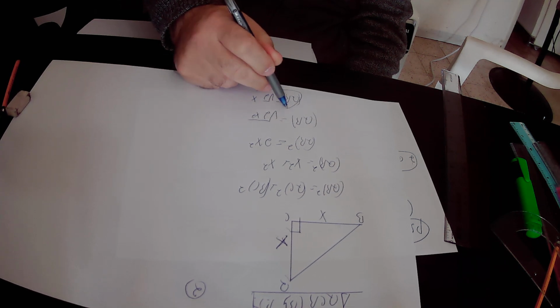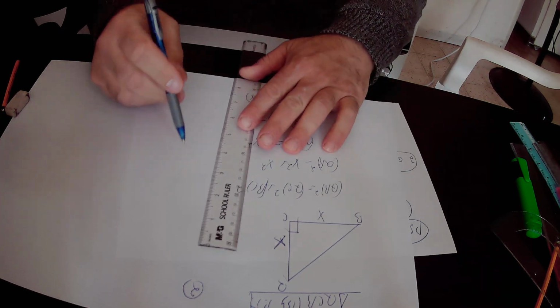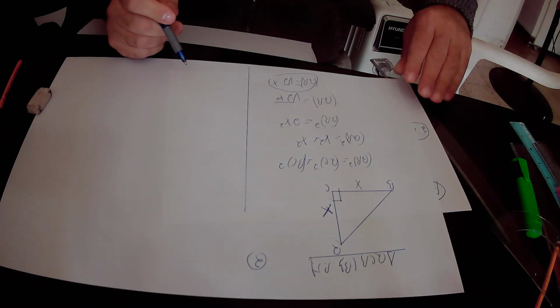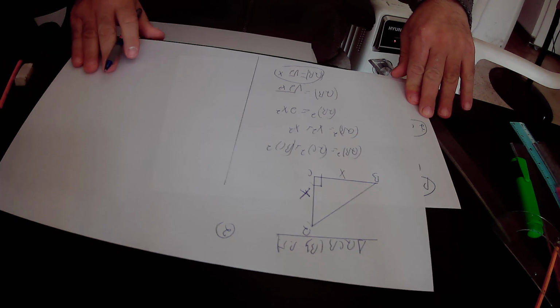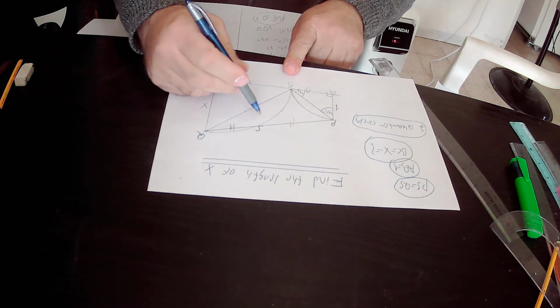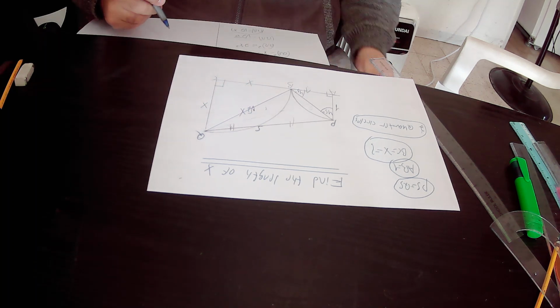So in total, QB equals square root of 2 times x. So write it down: the hypotenuse QB equals the square root of 2 times x units in its length.